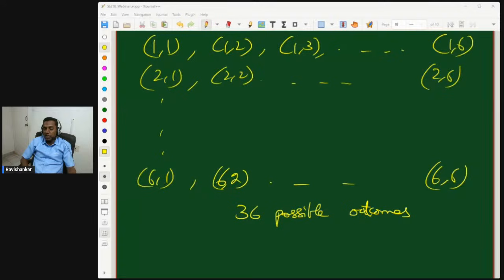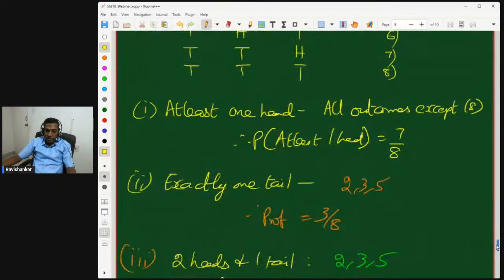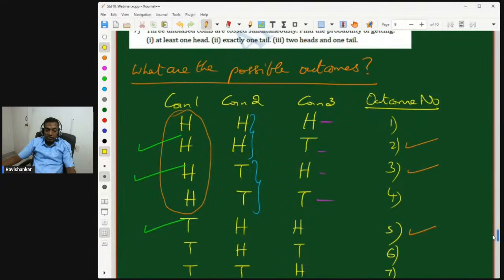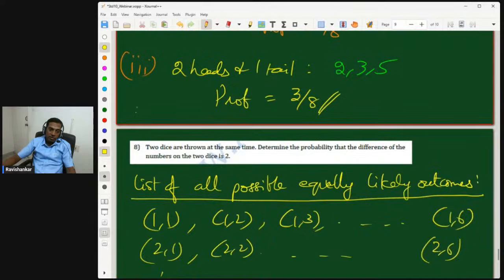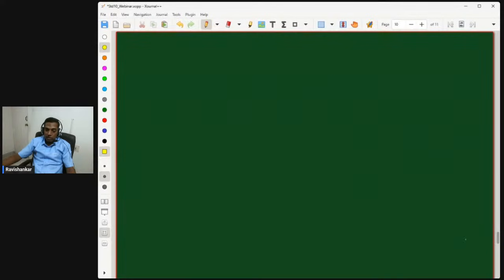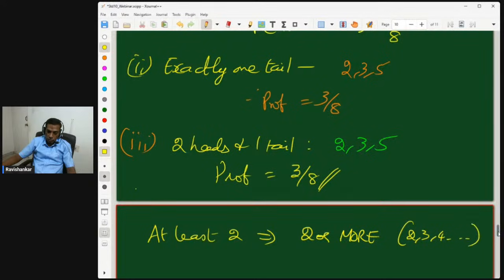Priscilla Mariam has asked about the difference between at least and at most. Okay. See, for example, when we said at least one head, at least means, okay, see, at least 2 implies 2 or more. So 2, 3, 4, everything is okay.